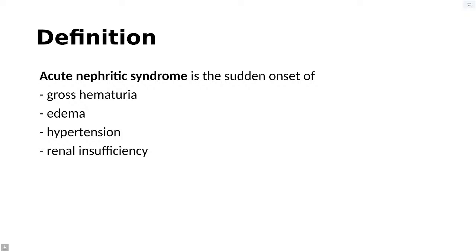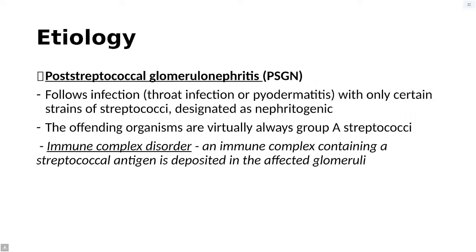This is sudden onset of gross hematuria, edema, hypertension, and renal insufficiency. You see the difference between nephrotic and nephritic. For nephritic it is gross hematuria, for nephrotic it is edema due to hypoalbuminemia. This is the very important difference.